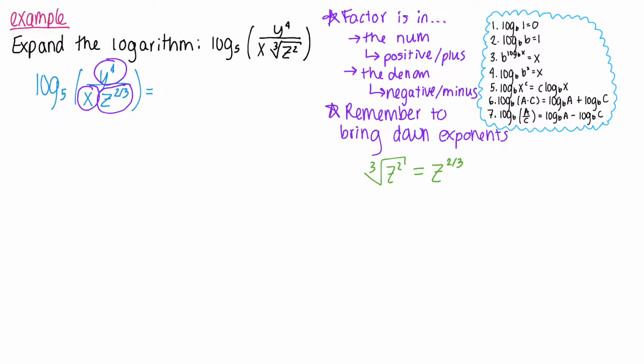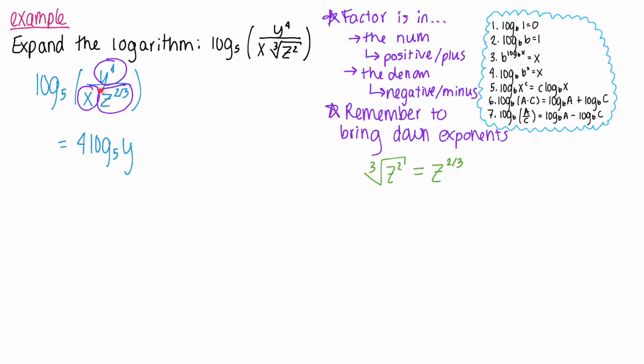All right, because I'm not going to have enough room here, I'll bring it down to the next line. Y to the 4th is in the numerator, and he has an exponent of 4. So he'll be positive because he's in the numerator. He gets the 4 out front, and then log base 5 of y. X is in the denominator.